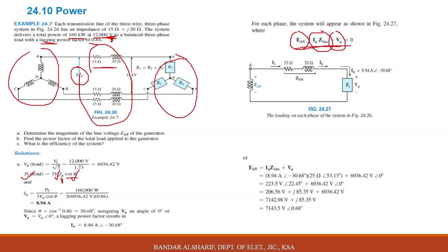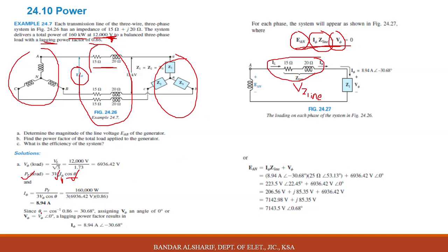Now we got the I phase, which is I line, the current going through this impedance. If we multiply the current by this impedance, Z line, you will get the voltage drop. If we add this voltage and this voltage phase, you will get V phase in the generator.